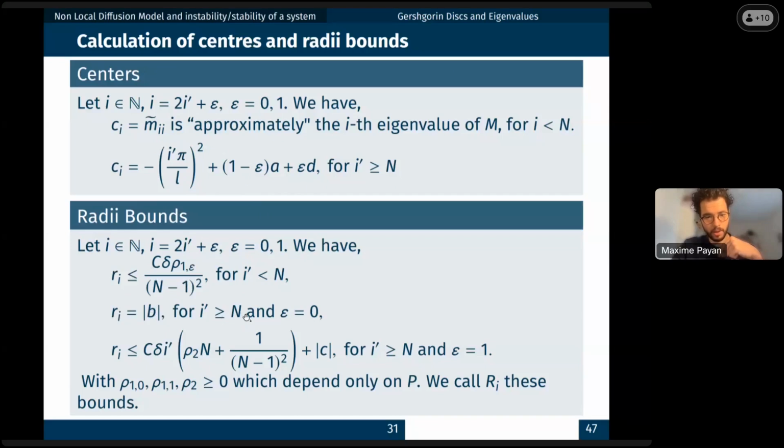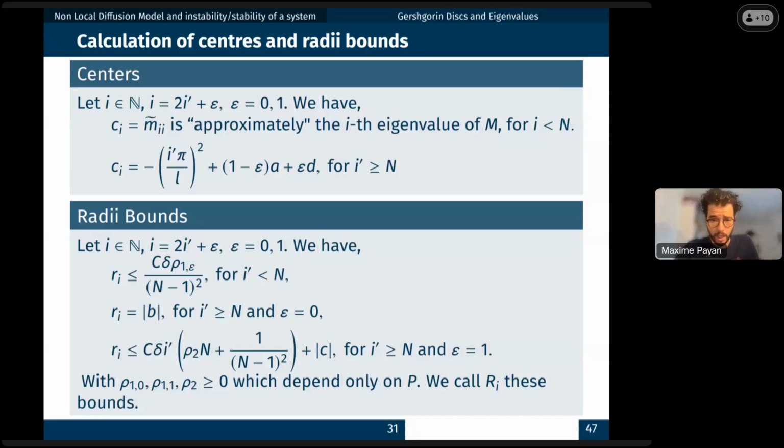For i bigger than n, there are some exact radii because of the structure of M, and for the other radii it will be this computation, and its behavior is like a prime, okay. So it will be important, and we call capital R index i these bounds, okay.